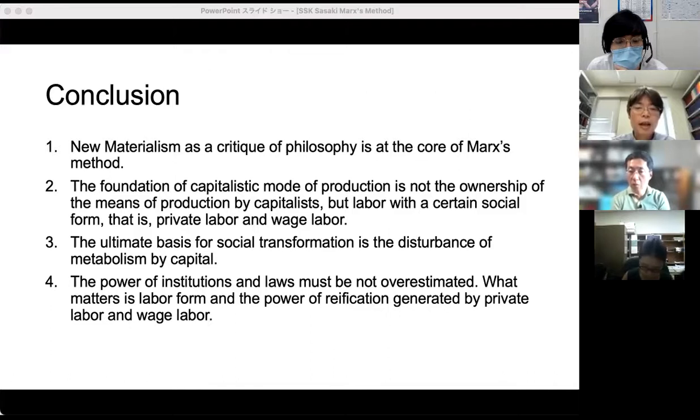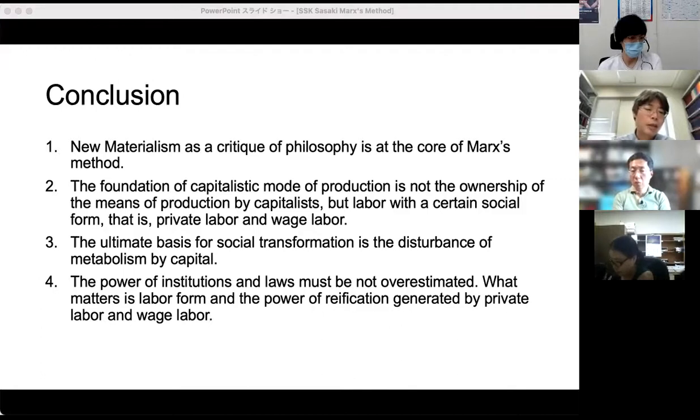That is private labor and wage labor. Third, the ultimate basis for social transformation is the disturbance of metabolism by capital.